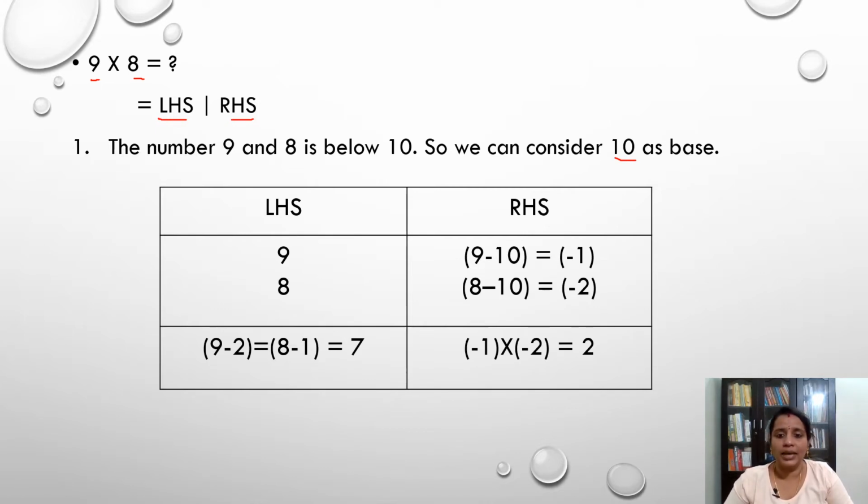So 9 minus 10. Please make a note here. Don't just subtract it as 10 minus 9 as 10 is the larger number. I'm repeating again, we have to subtract the number by the base and not the larger number by the smaller number. We need the sign too there.